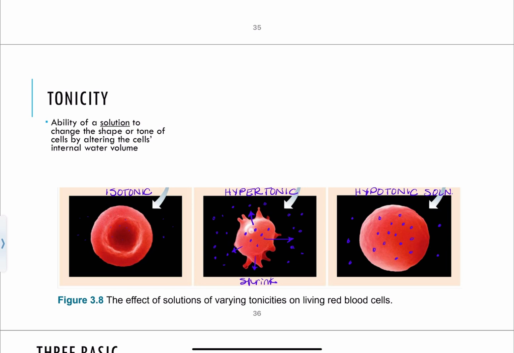Water is always going to move to the area of higher solute concentration in order to bring it to some sort of equilibrium. So water is going to move from the extracellular fluid to the inside of the cell until we have equal concentrations. And when this happens, it can cause the cell to swell or even lyse, or burst open.